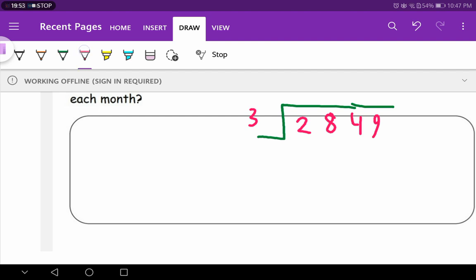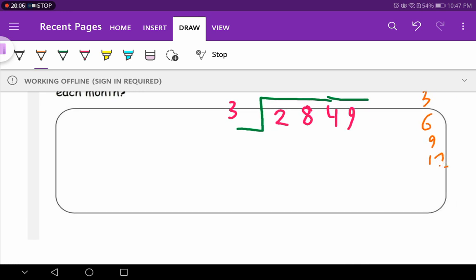Actually, I multiply the 3: 6, 9. I know you are better than this, but it is okay. 12, sorry, 12, no, okay, it did not work here.